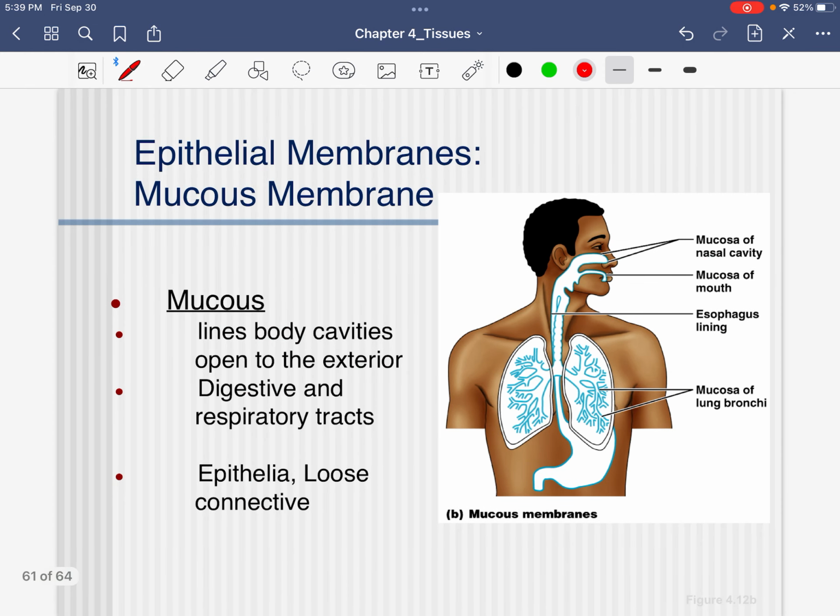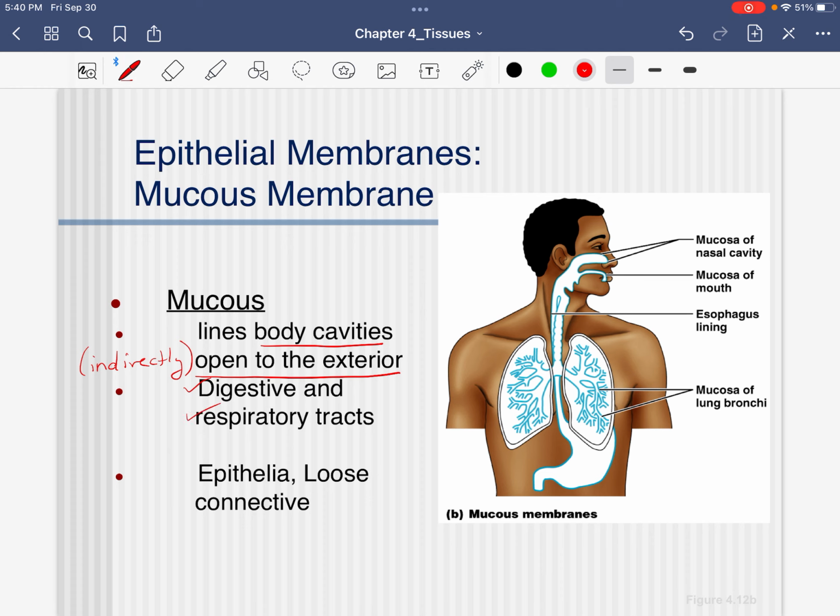Then we have something that we can classify as a mucous membrane. What makes a mucous membrane is that it lines a body cavity open to the exterior. It is often indirectly open to the exterior. Think of your respiratory tract and digestive tract. These are two examples.